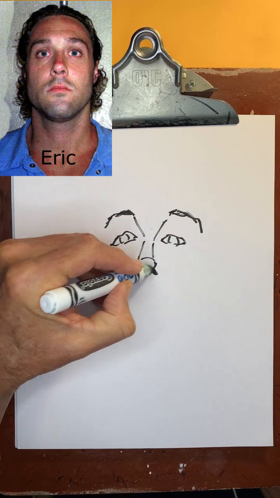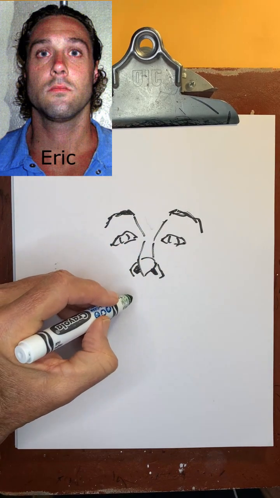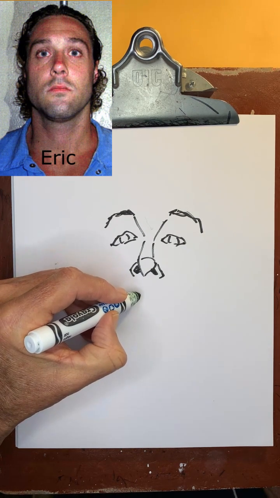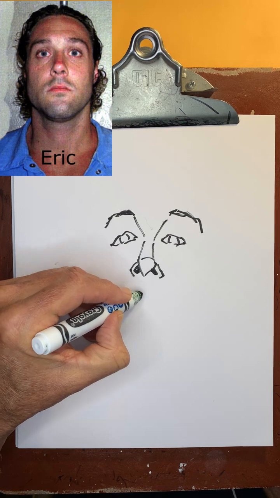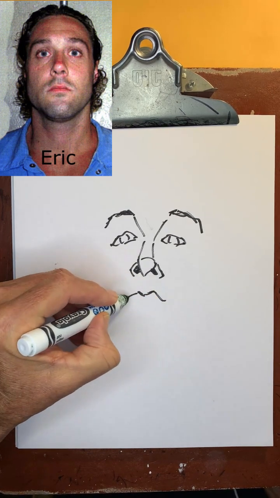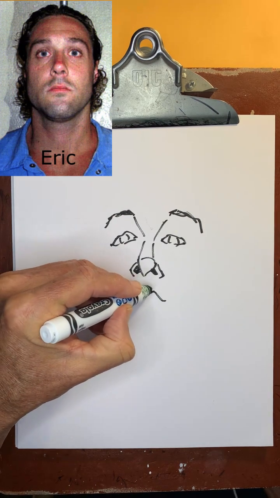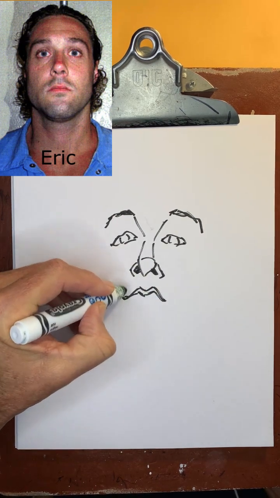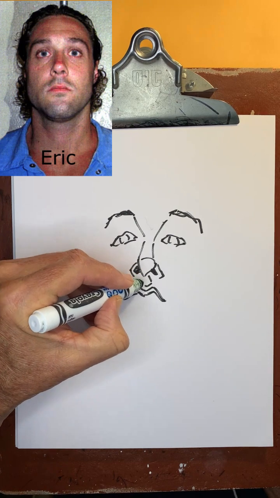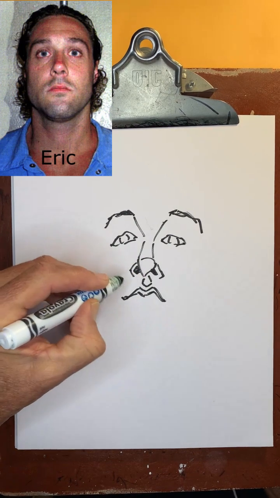So he's got kind of a little mouth with a lot of curves in it. And this indentation, that's called the philtrum or the philtral dimple.